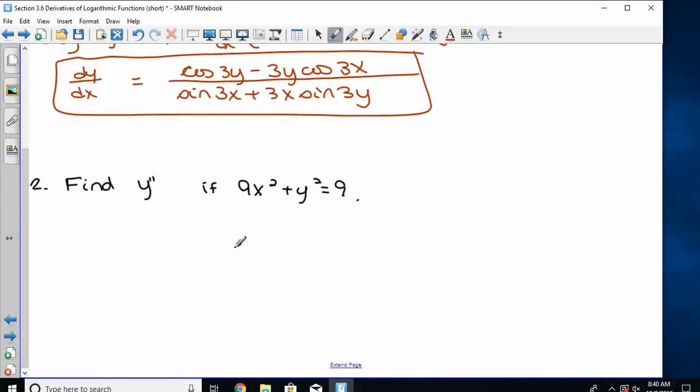Second one, if I want y double prime, so first derivative, you would have bring down your 2 times 9 would make that 18x plus derivative of y squared would be 2y dy dx. Derivative of 9 would be 0.